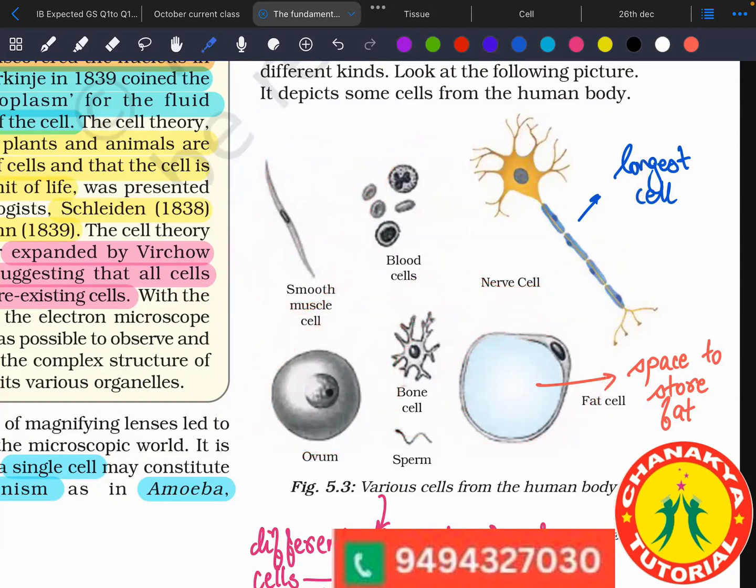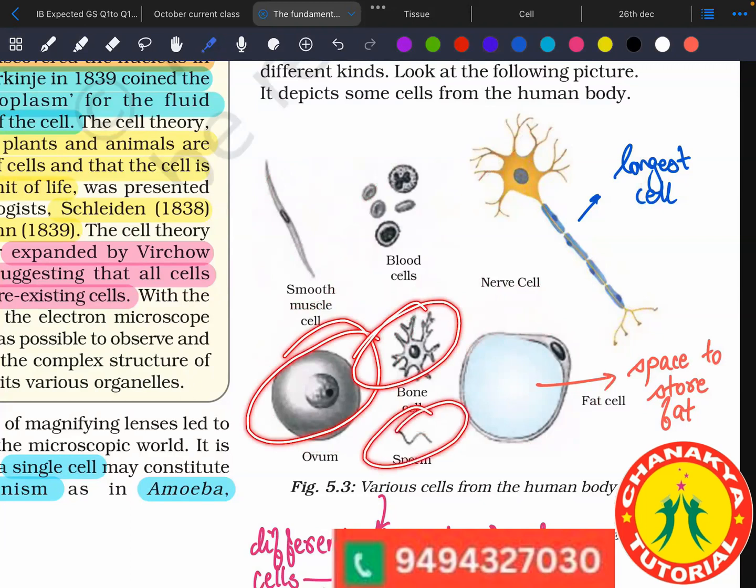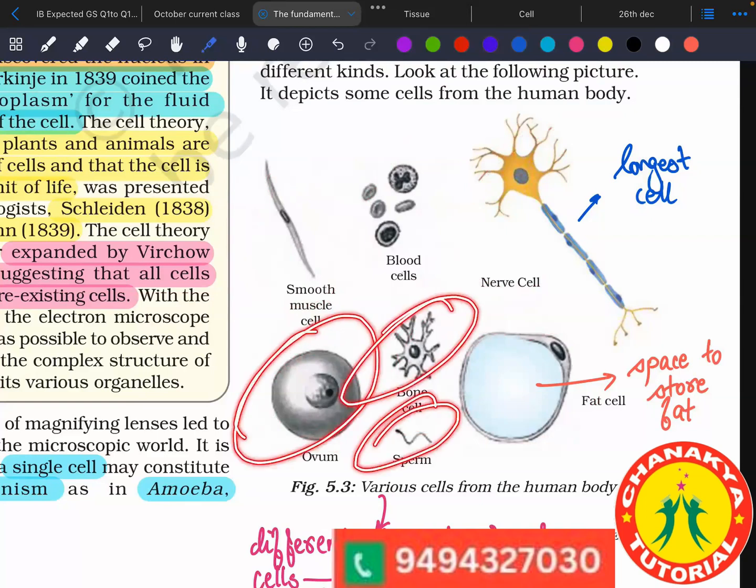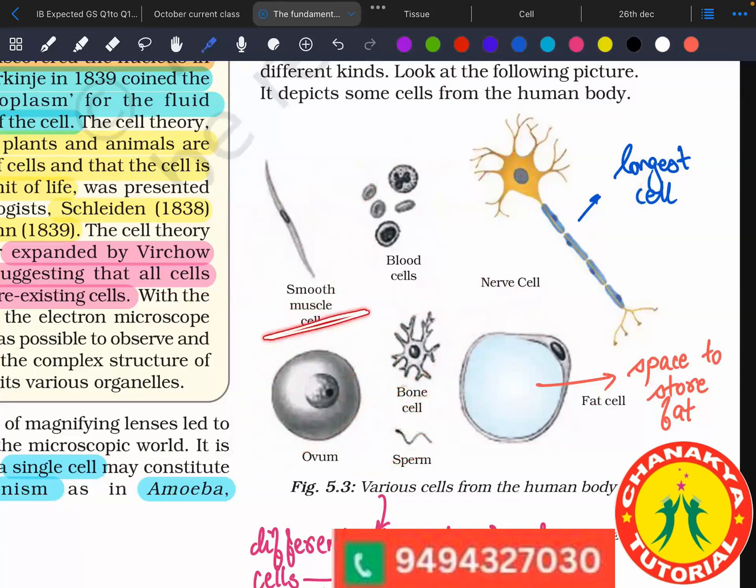Can you observe that they are of different sizes and shapes? Cells are of different sizes and shapes depending on their function. This is the muscle cell which is present in our body.